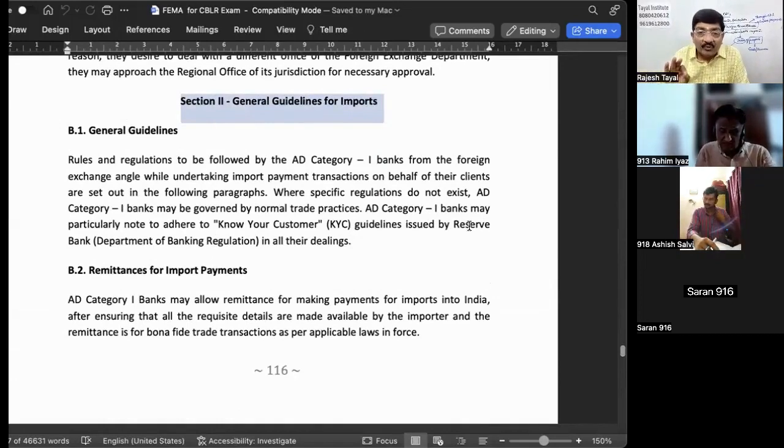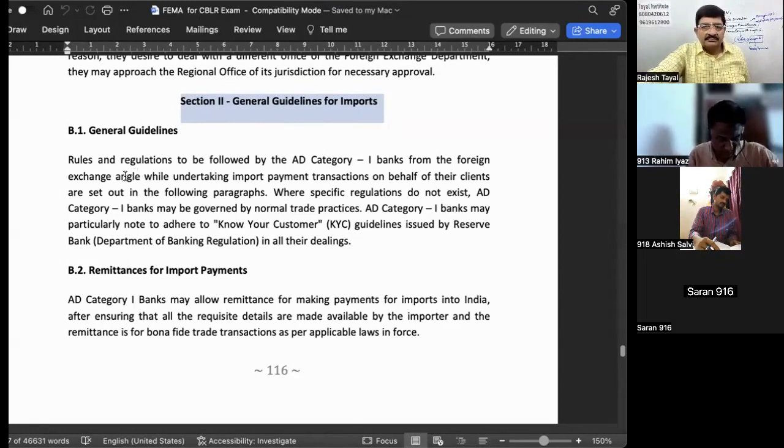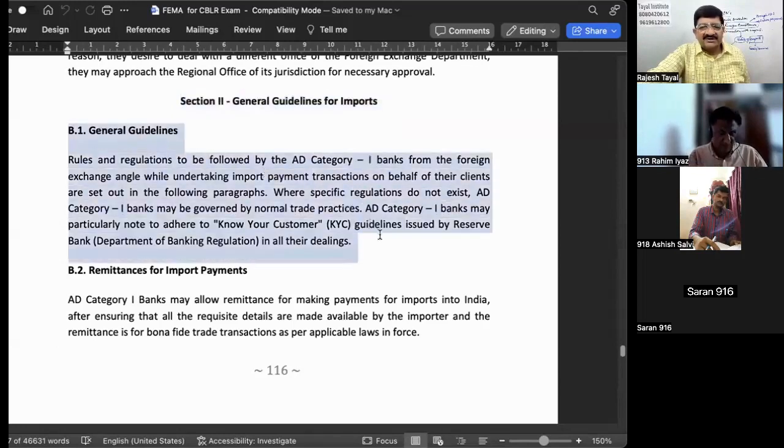In point number 1, what is said is, just read this. Rules and regulations to be followed by authorized dealer category 1 banks from foreign exchange angle while undertaking import payment transactions on behalf of their clients are set out in the following paragraphs.